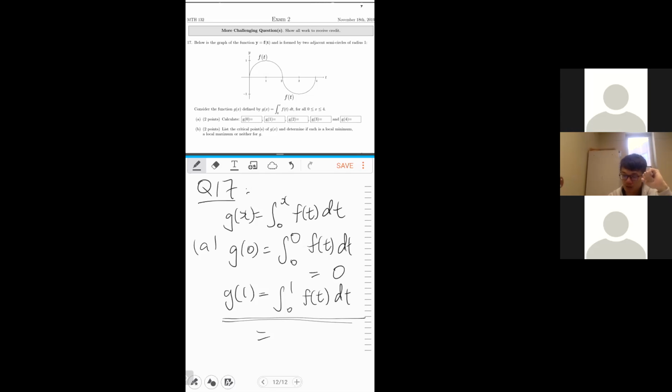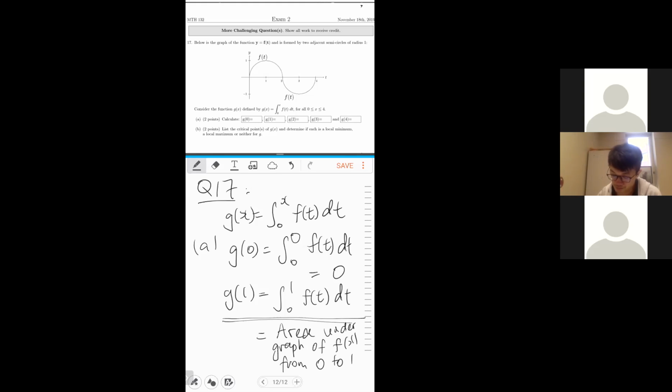And we also know from previous discussion that the integral is the same as the area under the graph from 0 to 1. That's why you need semicircles.